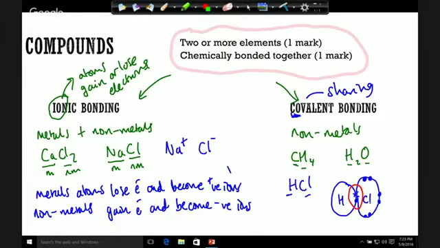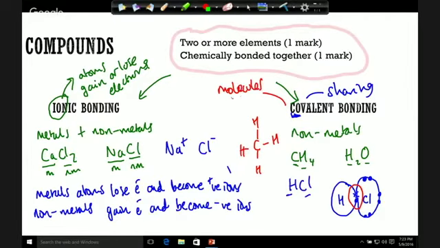Now, for C1, you won't be asked to draw these covalent diagrams, but you will need to recognise this is covalent, or you might need to recognise a molecule like this as being covalent, because it's 2 non-metals bonding together. Now, the final thing, which people get wrong quite a lot, is the idea that compounds that are covalently bonded are called molecules.